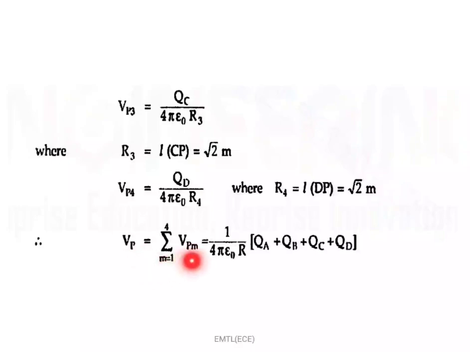Now the total potential due to these four charges is, we take common the values 1 by 4 pi epsilon naught R. R is also constant, that's why we take the R value common also. So the variables are only charges, so that's why the sum of charges, that is QA plus QB plus QC plus QD.